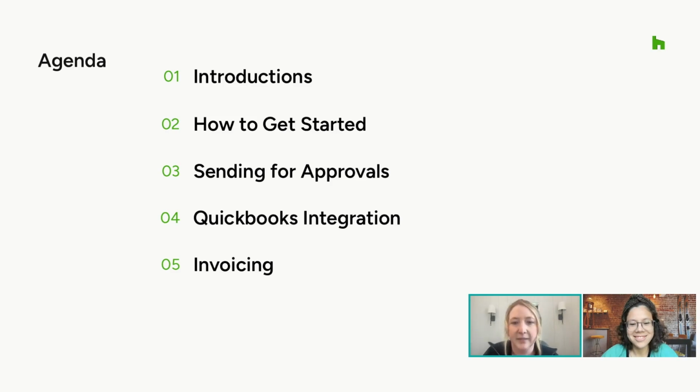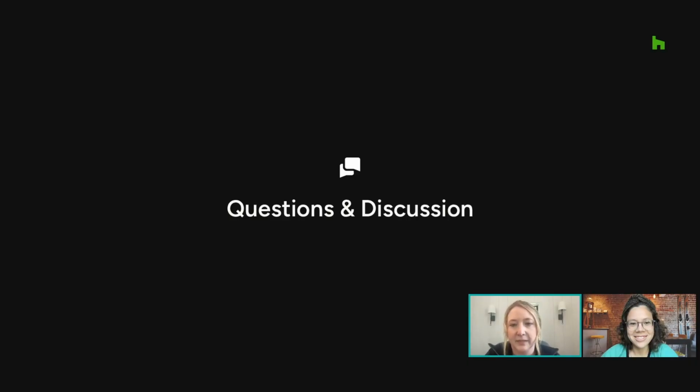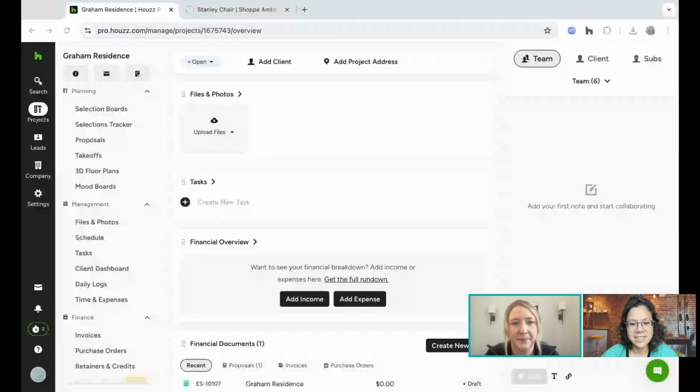Okay, awesome. So I'm going to go ahead and share my screen and show you how to get started with proposals. Just one moment. Okie dokie. All right. Can you see my screen okay, Shoshana? Yes, perfect. Thank you. Okay. Now let me get myself on the right screen.